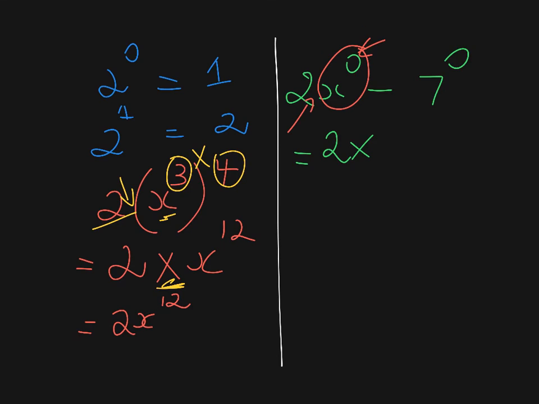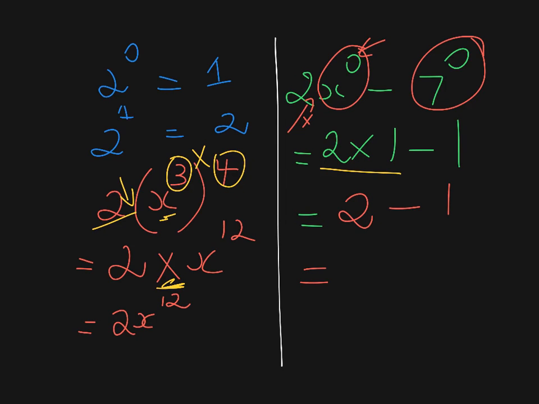Remember, this implies that it's a multiplication. So we have 2 multiplied by 1, take, remember again, anything like that, 7, so any number to the power of 0 is actually 1. So you go 1. So 2 times 1, we know from primary school that is 2. Take 1 equals 1.